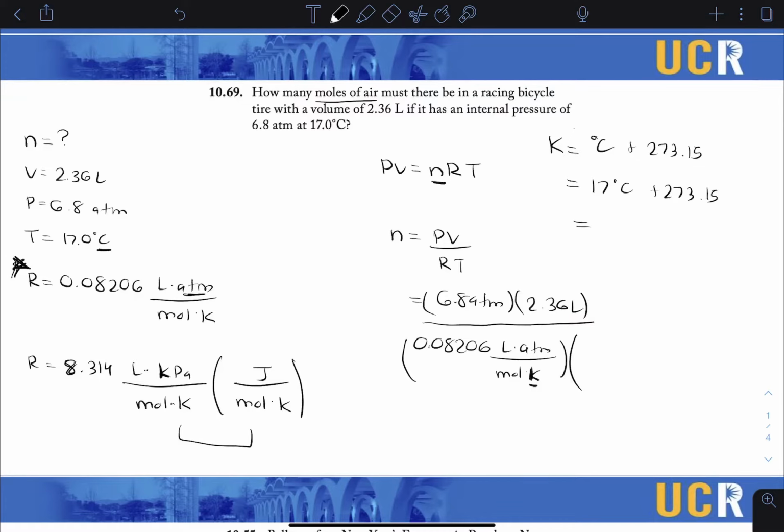That's going to give us a value of 290.15 Kelvin. So we're going to plug that in right here. And if we do this calculation out, we're going to get a value of 0.67 mole.